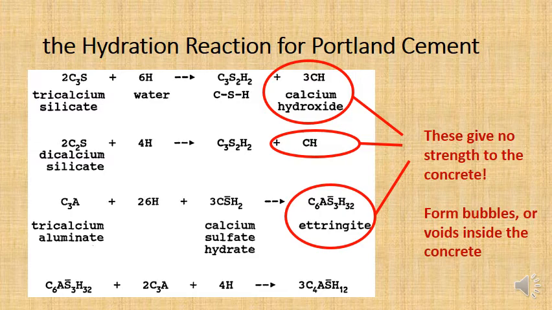Now, that's why the heat of hydration is a little bit of a problem. If you have a lot of heat in the reaction, often what can happen is these gases don't escape from the concrete, and they form little air bubbles inside the concrete, and they're microscopic air bubbles.